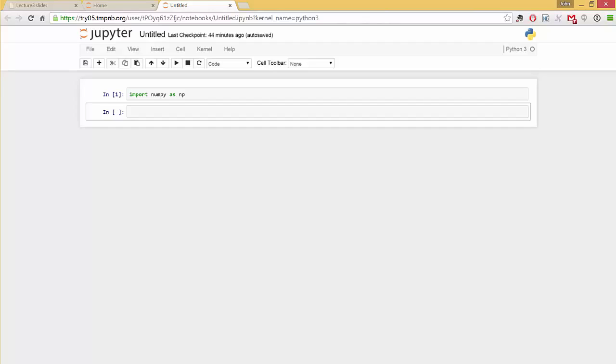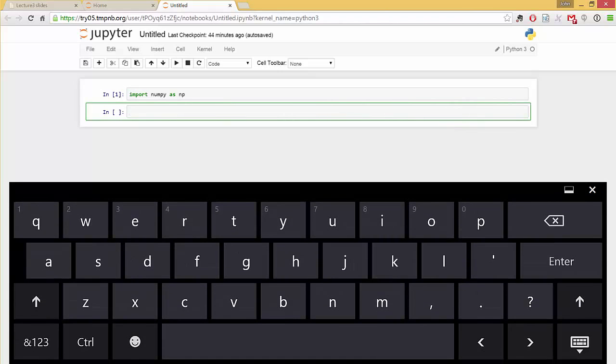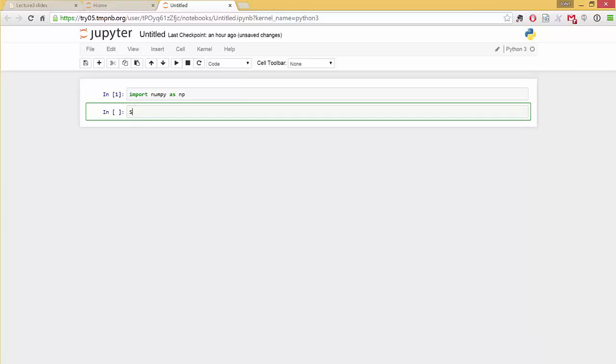So what I'm going to do is define this S matrix, our stress matrix. So it was 1, 0, 0, 0, 3, minus 1.